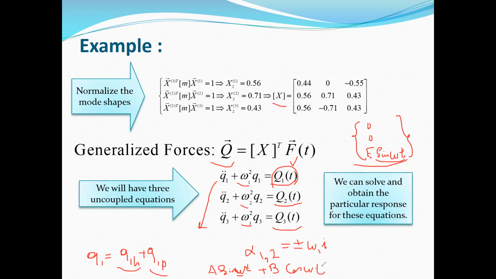Then you can substitute into this equation to obtain a and b, similar to the single degree of freedom systems. So we will have three equations which are uncoupled, and you can solve them directly and obtain the response.